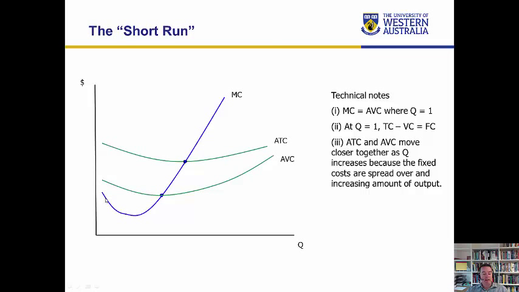Marginal costs then fall quite rapidly, and they're very low over this range. When marginal costs are low, they actually drag average variable costs down with them. This is explained quite well in the book, but I'll go through a simple example.